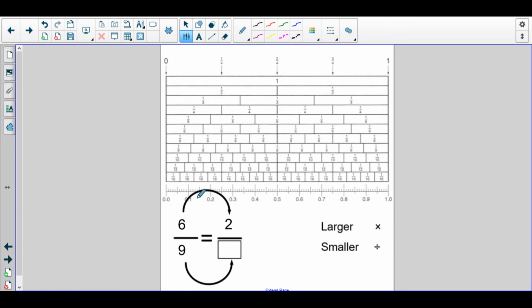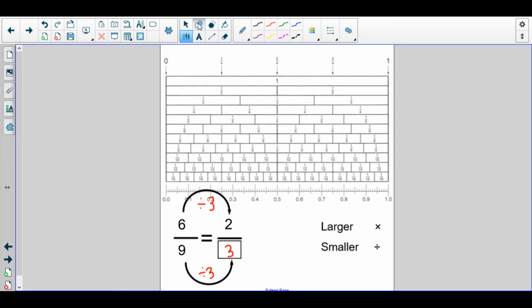We got smaller, so we're going to divide. 6 divided by what number gives me 2? 6 divided by 3 gives me 2. So 9 divided by 3 gives me 3.